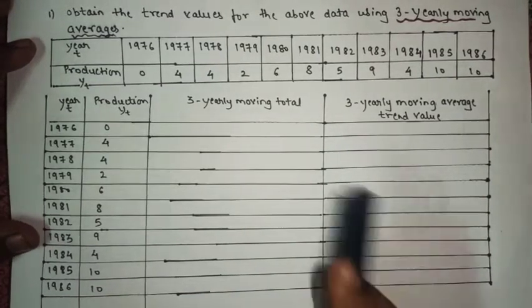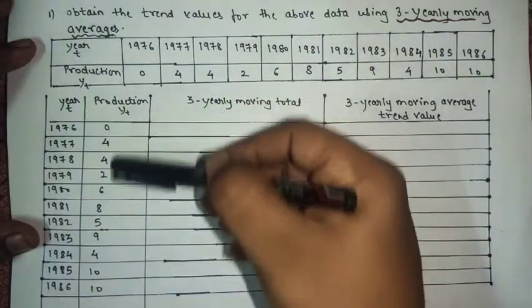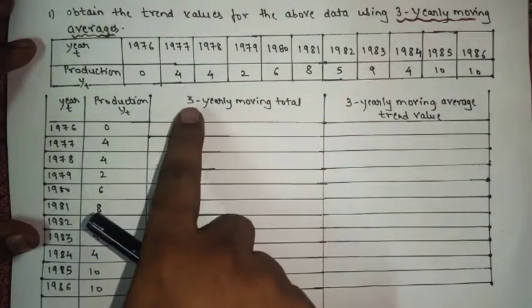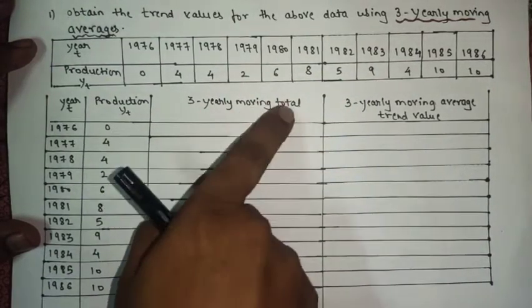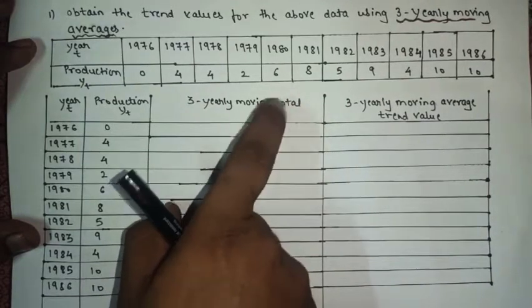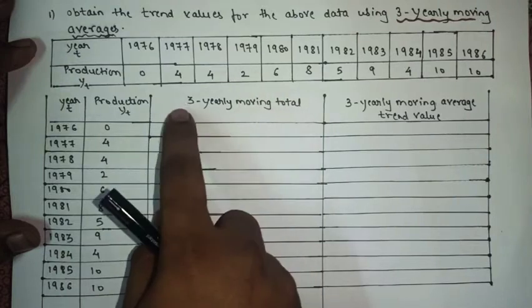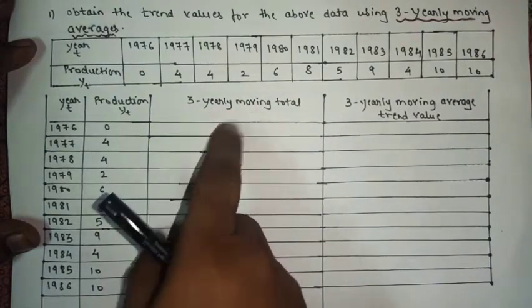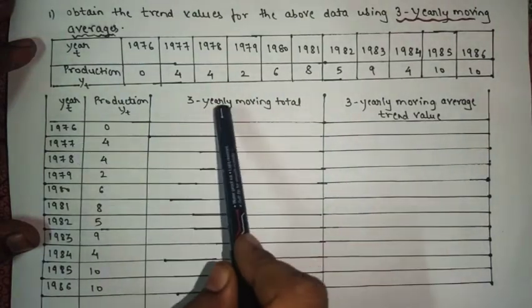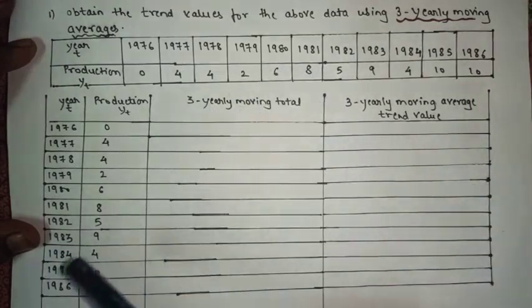So here we have years and the production. The meaning of 3 yearly moving total: total means we have to add. What exactly do we have to add? 3 yearly moving, so 3 years go on adding.